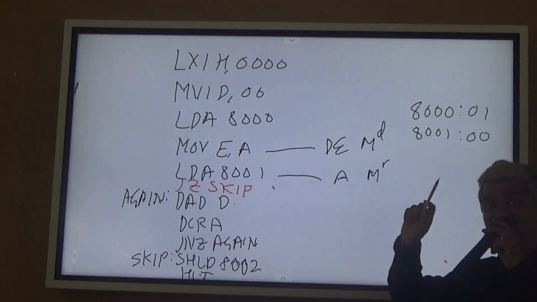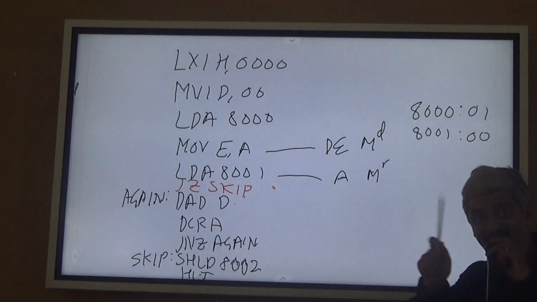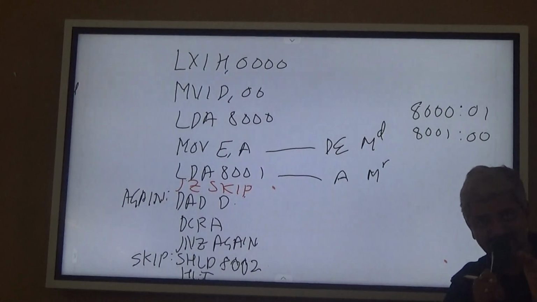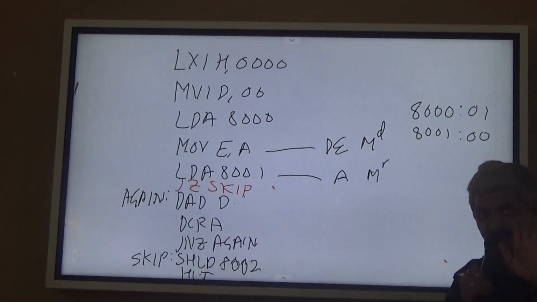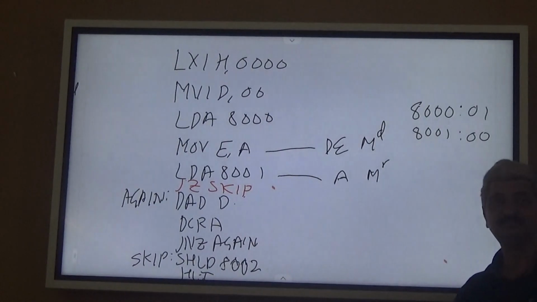So merely because A is 00, the zero flag is not set. Means if 00 comes to the accumulator as a result of a data transfer instruction, the flag doesn't become 0. Then what do we do? We have to use some arithmetic logic instruction.